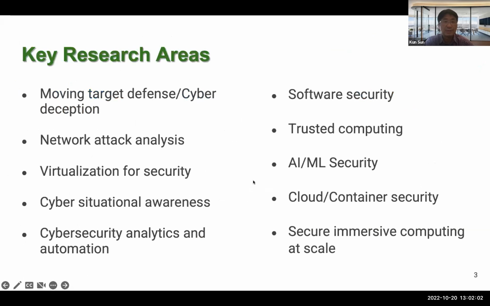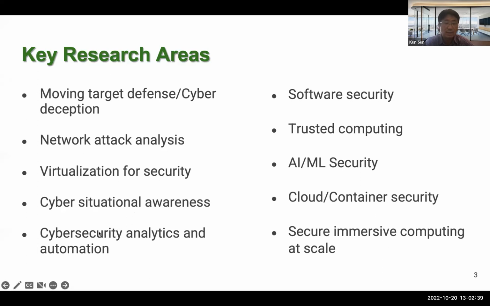Here I list some of our current key research areas, including moving target defense and cyber deception, how to protect our system by moving the IP address or memory layout around. Another one is network attack analysis, and also VR/AR security, virtualization, and cyber situation awareness and cybersecurity analytics and automation.